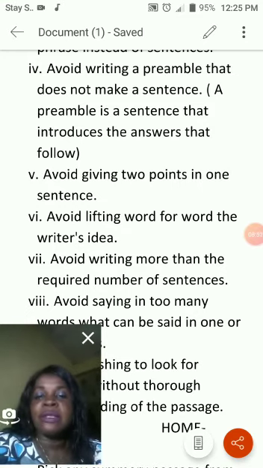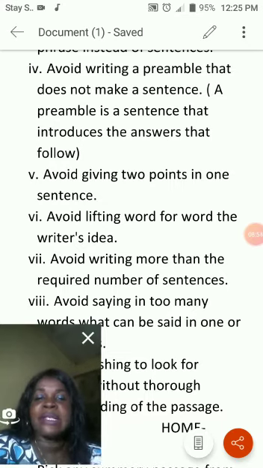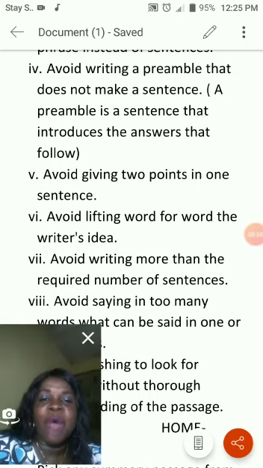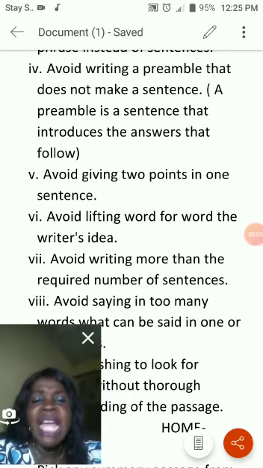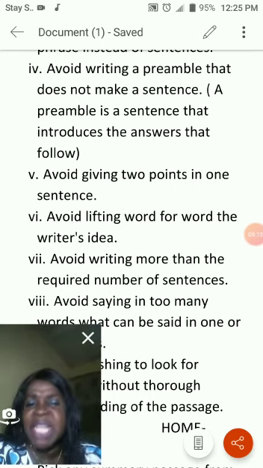You write, most men are poor because they are from poor background and they marry wrong wives. They are from poor background and they have wrong business partners. They are from poor background and they are lazy. The moment you use and, you have given 2 points. So always give your points, no matter how short it is, but the point is there, the key word is there, and there is a verb and a subject, you are good to go.